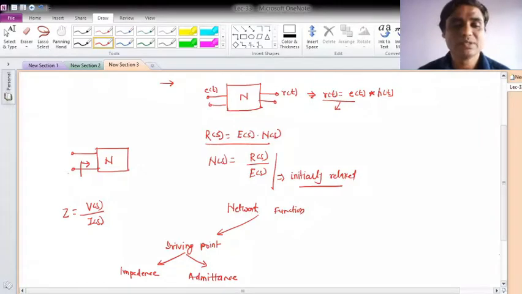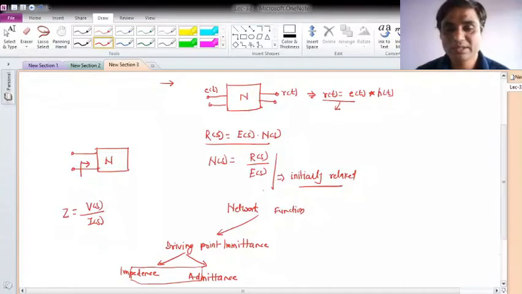That kind of network function is called a driving point network function, or driving point impedance, or driving point admittance. Let me combine these two words, so this is called driving point immittance. Driving point immittance is where I can compute either impedance or admittance from the same pair of terminals. The response may be your voltage and the excitation may be current, or the response may be current and voltage may be the excitation for the admittance.